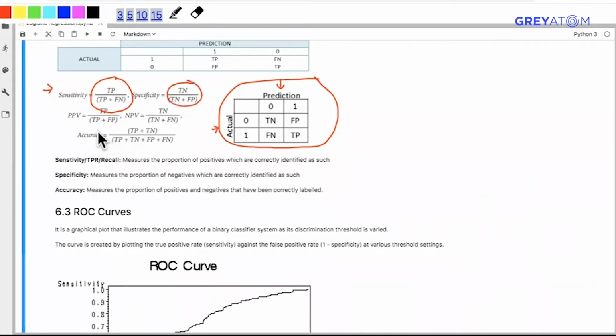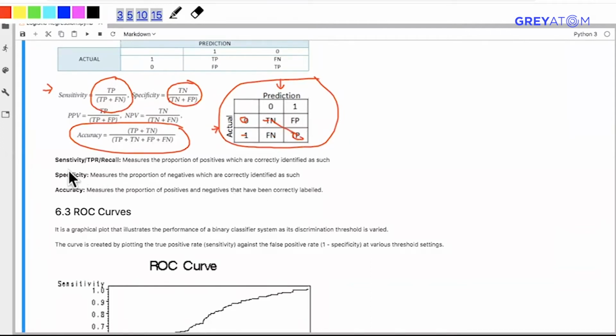And there is accuracy. So what exactly would accuracy be? If our model correctly identifies zeros as zeros and ones as ones, then that over the whole matrix would be the accuracy. Don't worry about these, because they are all derived from this table only.